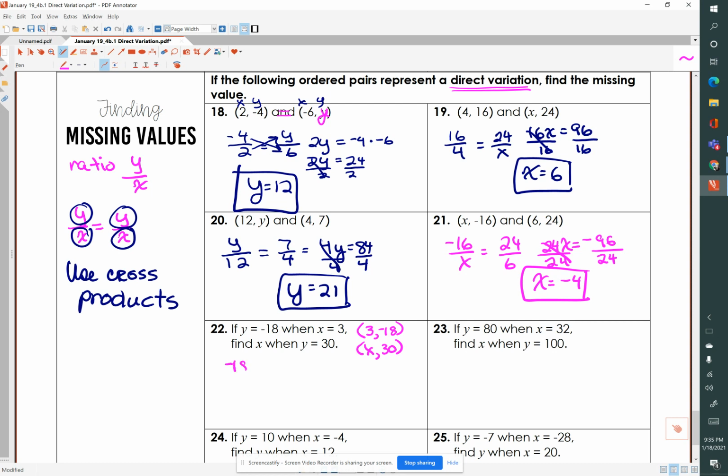So negative 18 over 3 equals 30 over x. So negative 18x equals 30 times 3, which is 90. Divide both sides by negative 18, and x equals negative 5.